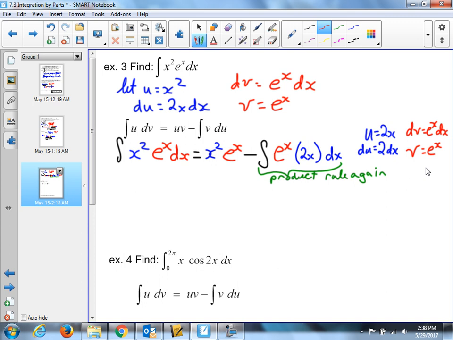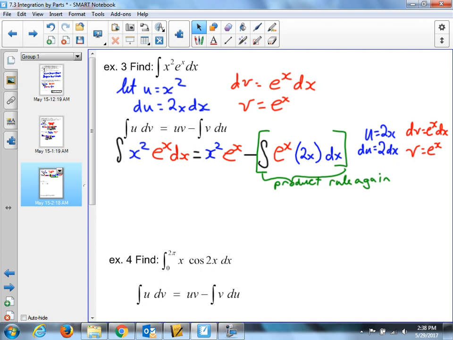So, I'm going to rewrite it in green brackets here, just because I like the color. Just because if I don't, I'm going to make a sign error.